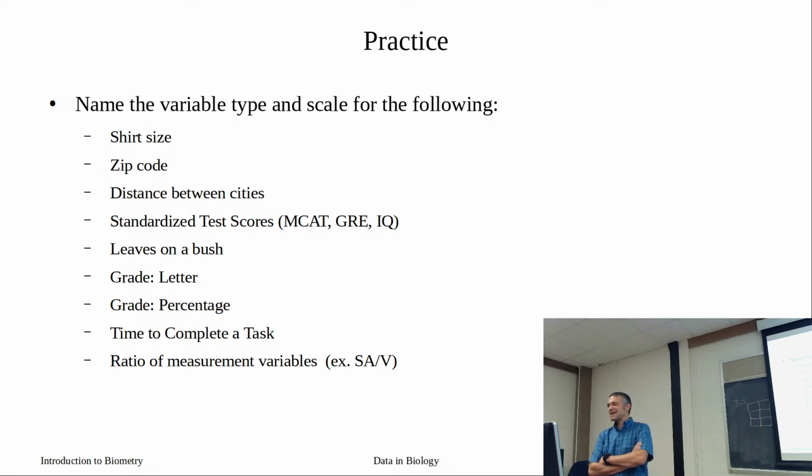You have to ask yourself, can we have a negative or not? If we can't have a negative, chances are it's ratio. Standardized test scores, which includes the MCAT, GRE, IQ. Qualitative or quantitative? Quantitative. All right. Is this continuous or discrete?